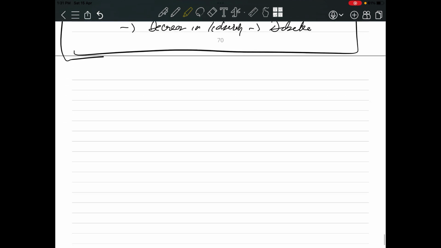Simple. Now let's talk about fixed and fluctuating capital. In case of fixed capital, we'll solve questions, and then it will be much clearer. Now when the question asks us to prepare fixed capital, what will happen? See, partner's capital account.